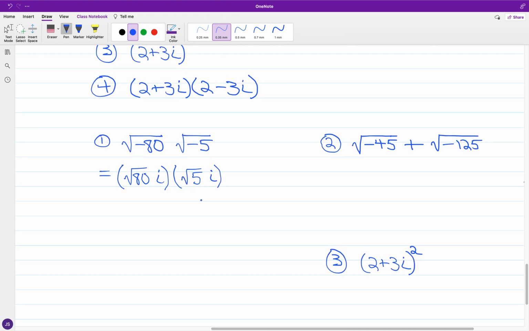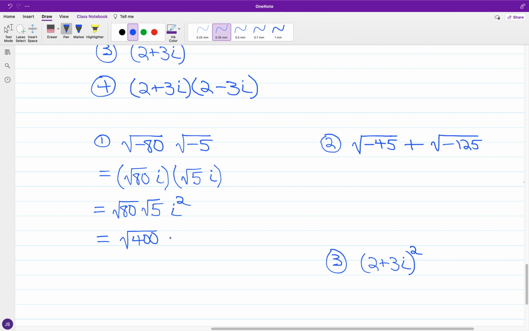Now I'll show you a couple of distinct ways to follow through. With the square root of 80 and the square root of 5, I can multiply these numbers together. And we have i times i, so this will become i squared. And the square root of 80 times the square root of 5, both of these are non-negative, so I can multiply together and have the square root of 400.